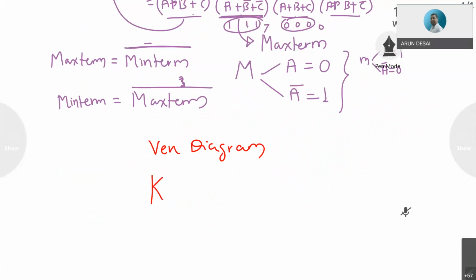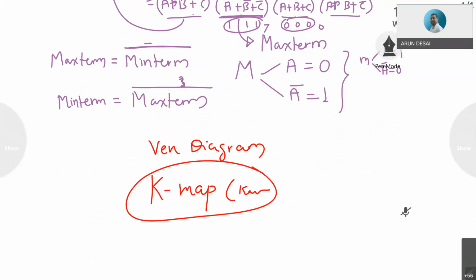Another method to represent is the K-map, the Karnaugh map, right? We will see the Karnaugh map in a further lecture. For the time being, these are the methods here, right? So this is how things work.